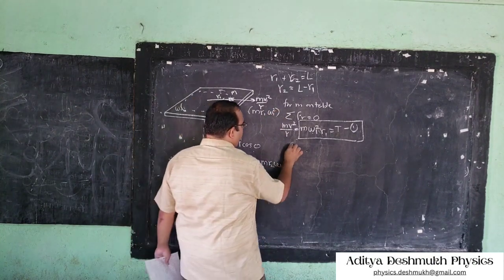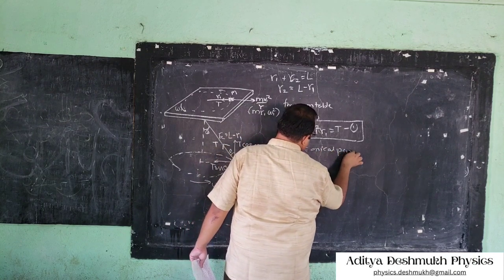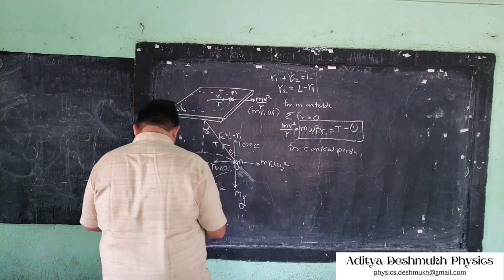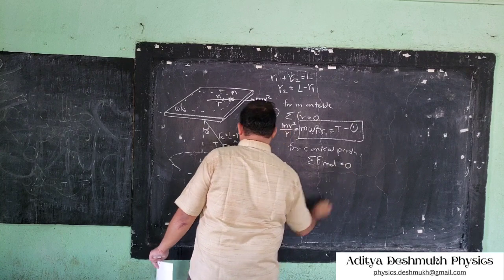So again, for the conical pendulum, F radial is equal to 0.